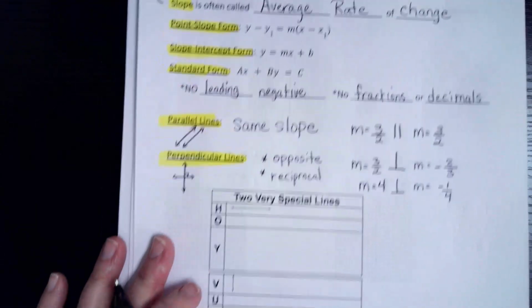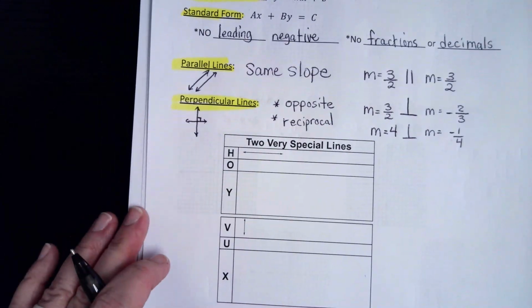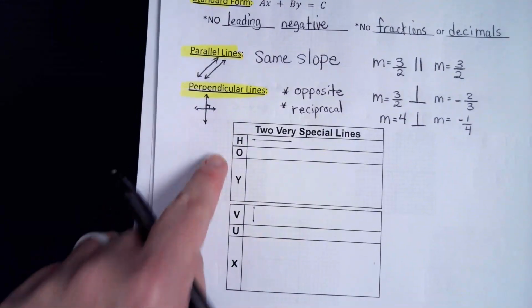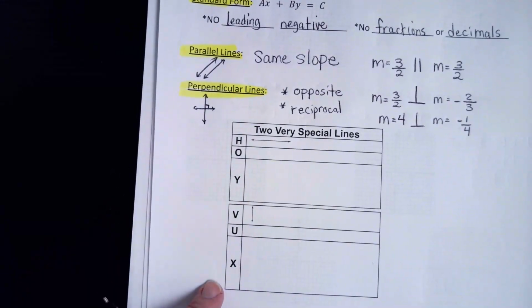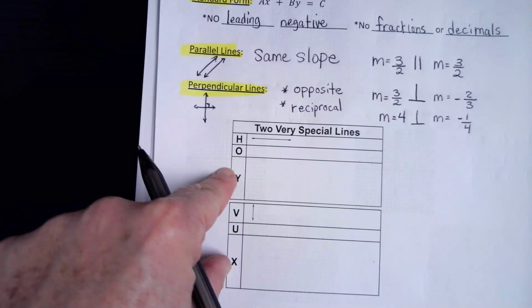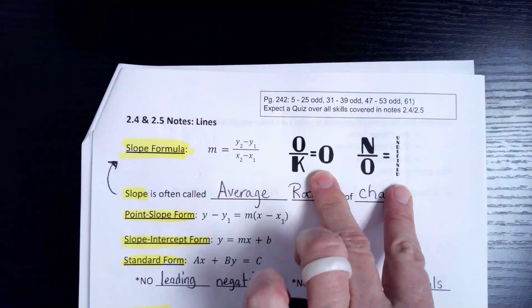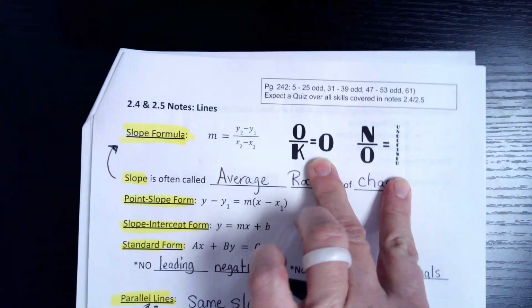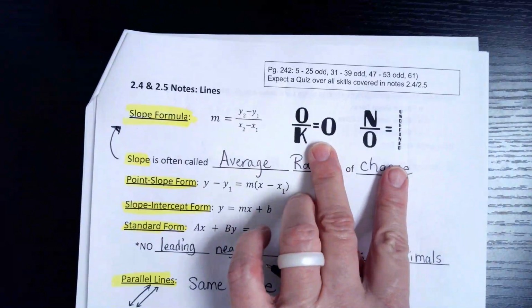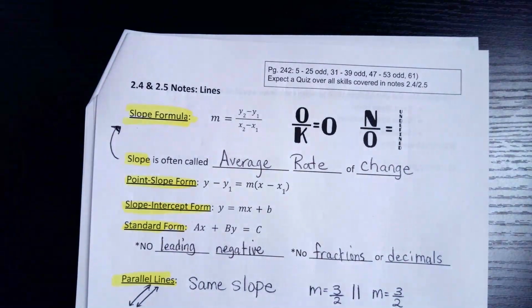All right. Now, have you ever heard of HOY-VUX? I learned HOY-VUX at the same time that I learned this, and I don't remember where I was. They just appeared in my toolkit in the same week. I don't know if I stumbled across them on the internet or if I was in a workshop.